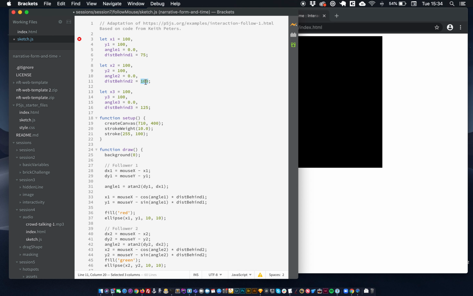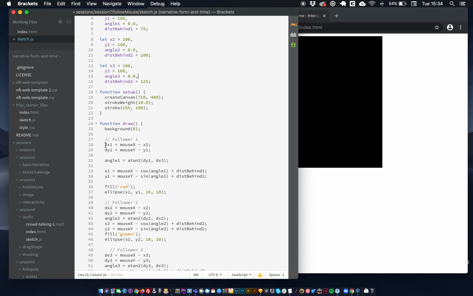So the first thing that we do is find an x and y position that represents where the mouse is in relation to the previous x and y of the follower.